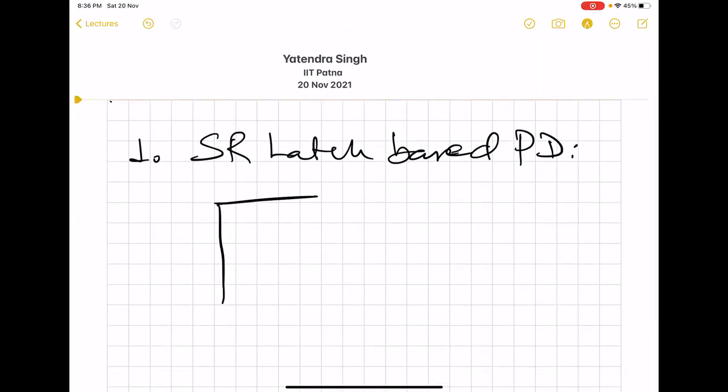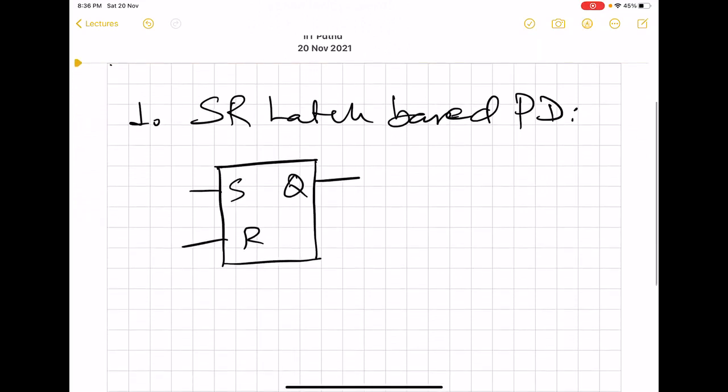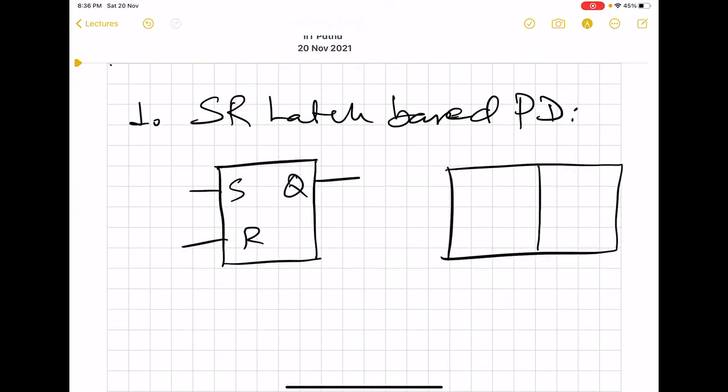So here we have SR latch, which has output Q, and this latch is governed by this table. So when we have 10 input, we get 10 output.